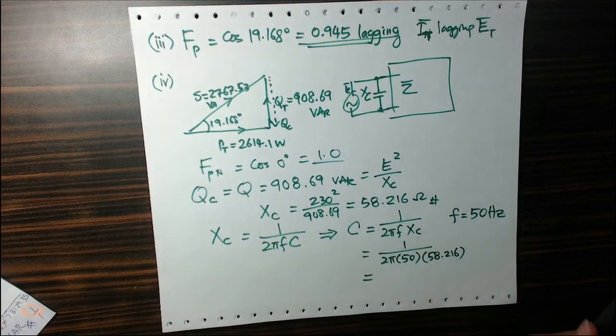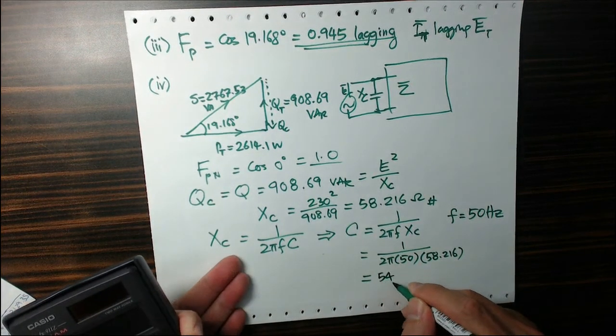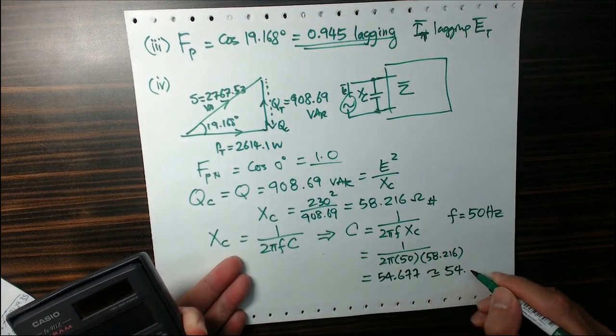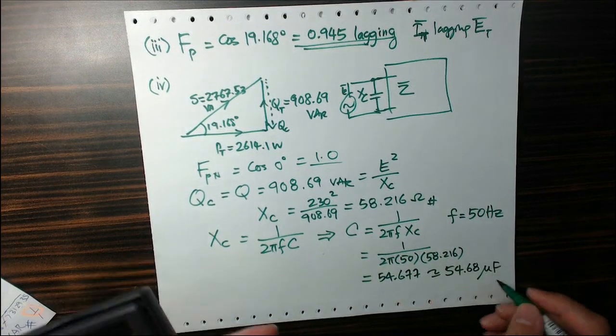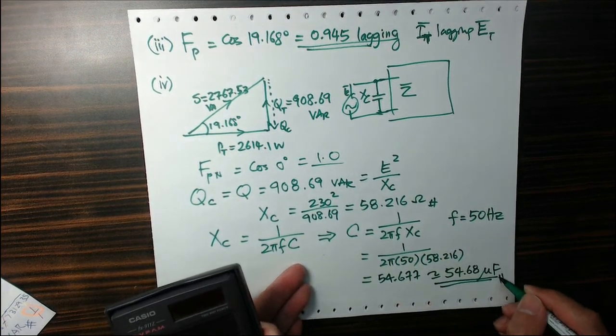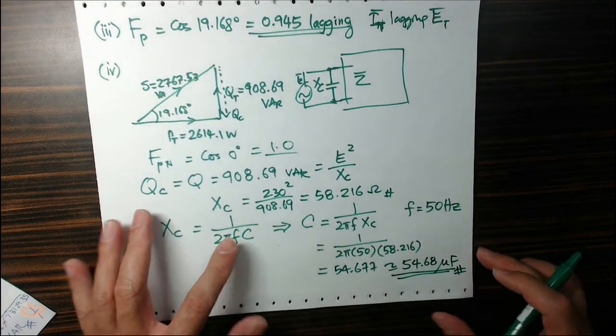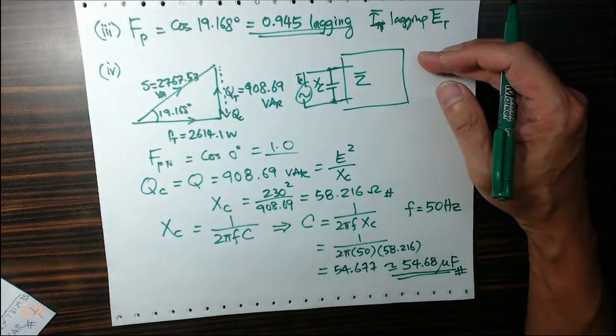That will give me a capacitance of 54.677, which is close to 54.68 microfarad. So that's the capacitance required to correct the power factor of this circuit to 1.